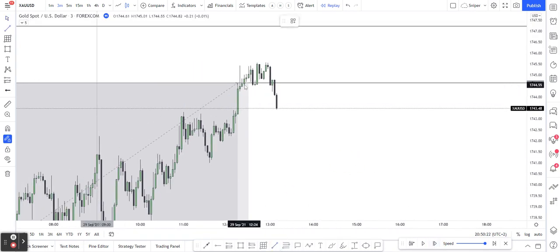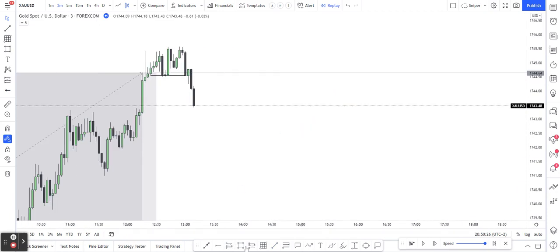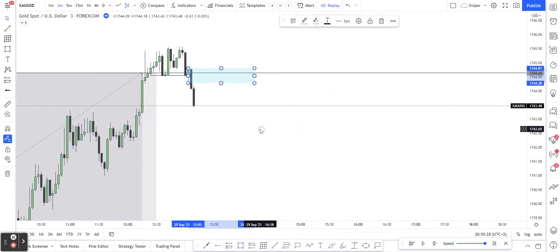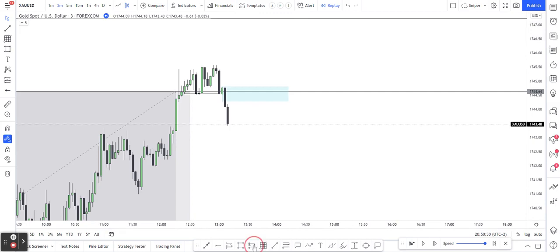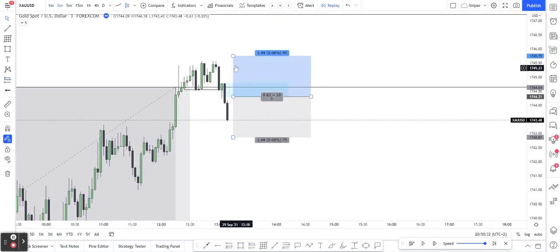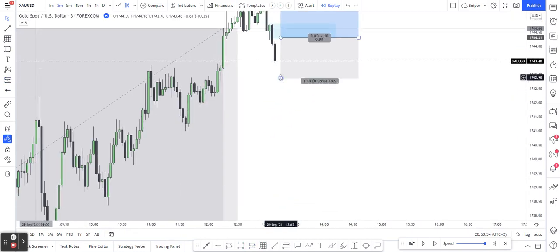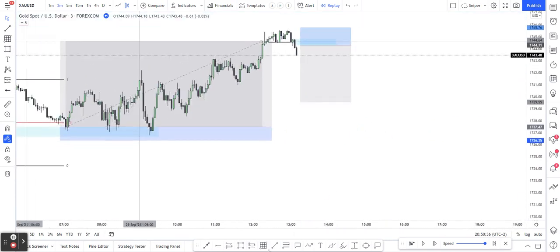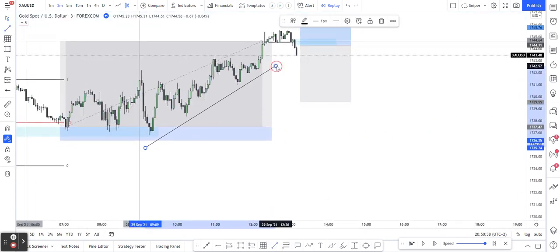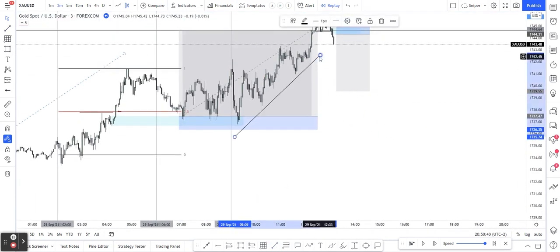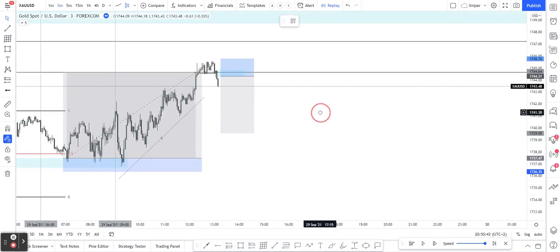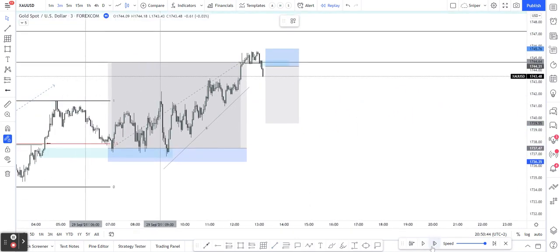Okay, here we have a structure break, then potentially this area, and then stop loss should be above the high. You can see all of those created trend line liquidity. See if we got a tag in.